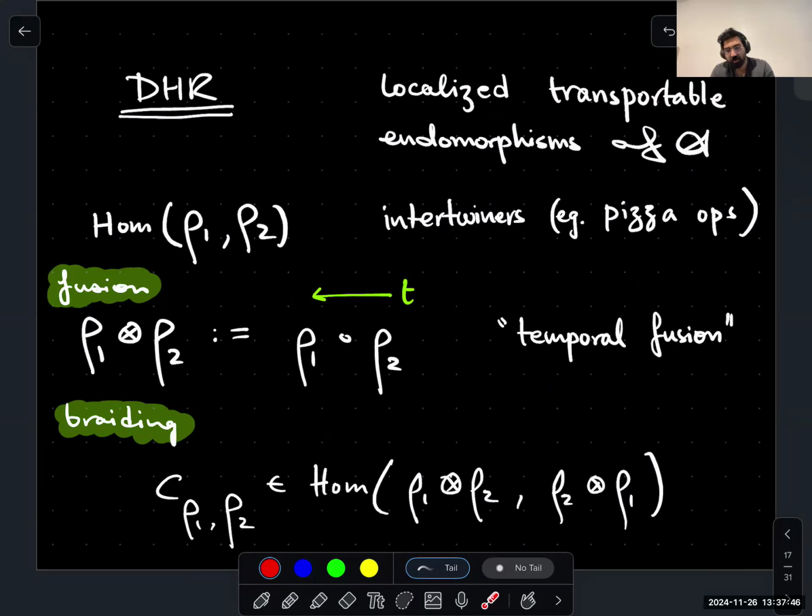And now let's categorify these localized transportable endomorphisms, in the sense that we're going to imbue some tensor category structure on them. Let's call the category of localized transportable endomorphisms DHR. The objects are localized transportable endomorphisms, and it's a linear category. It's got some intertwiners.